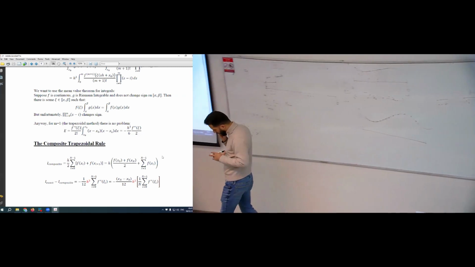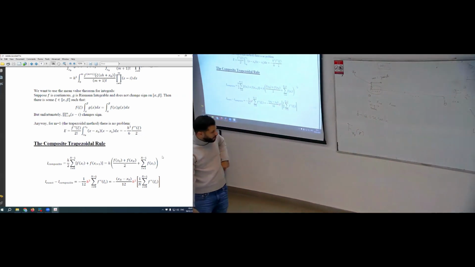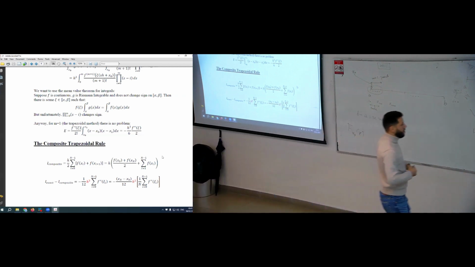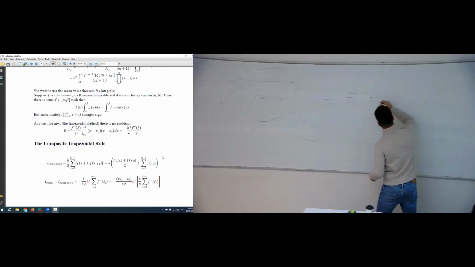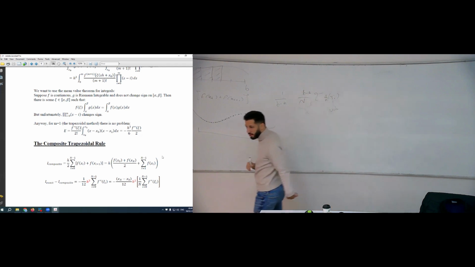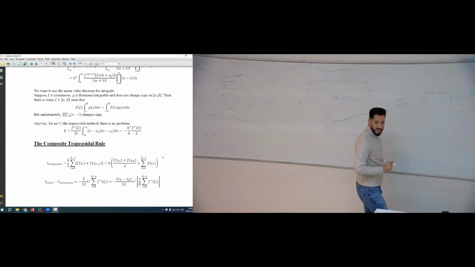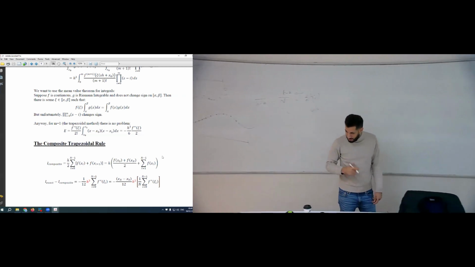So you have to prove that, but in the Riemann integral, you said that if this xi is x0 plus i h, this is h, and the h goes to 0, this is the integral. Okay, that's the Riemann integral. So there is another way of defining the integral.